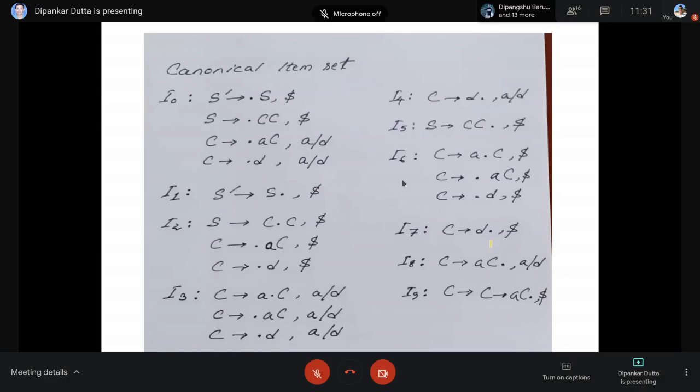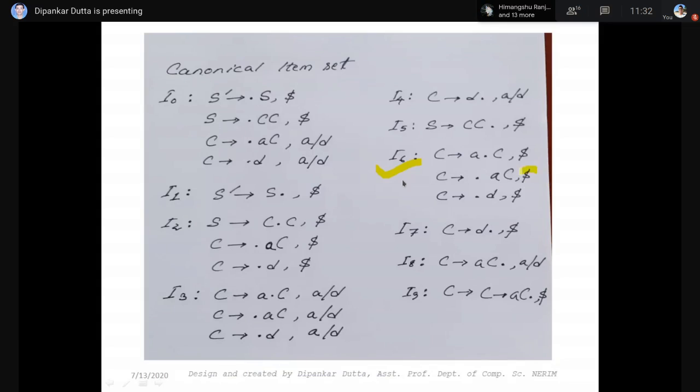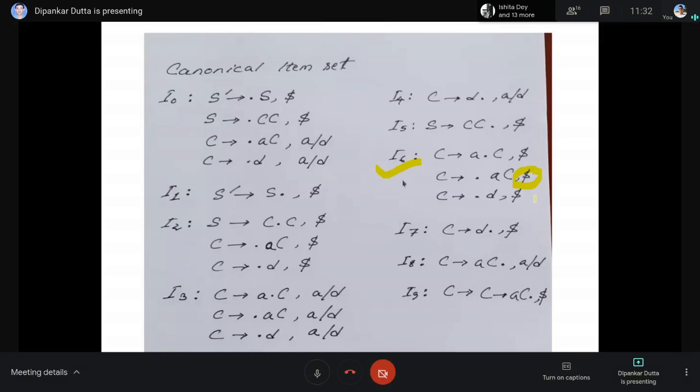Okay, now suppose I6. Consider I6 and do it yourself. Check how dollar is there. Can you tell me? Anyone? Okay, Arbas, tell me. How is it dollar? Yes. Dot followed by what? C. Okay.